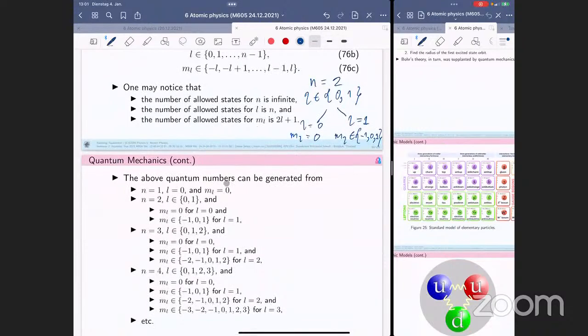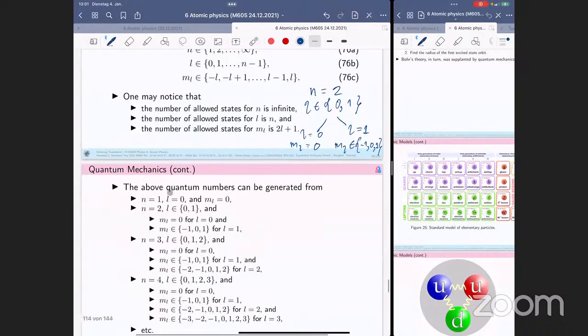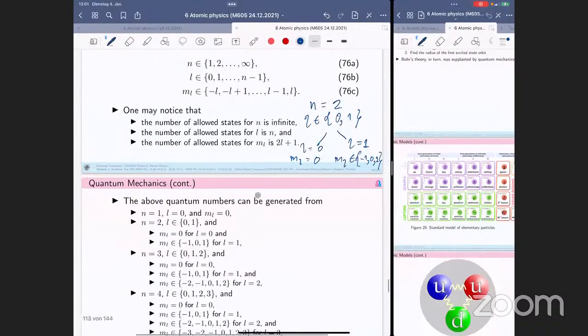Let's go to the first few cases for N. When N equals 1, N minus 1 is 0, so you have L equal to 0, and ML equal to 0, because when L is 0 you have only a single possibility, which is 0.